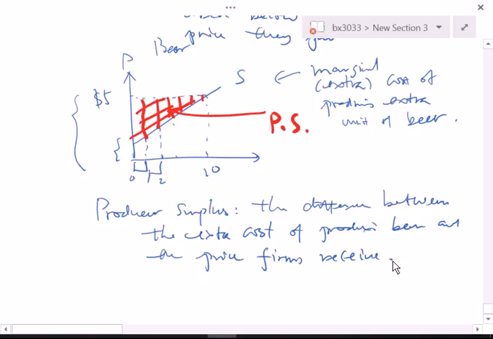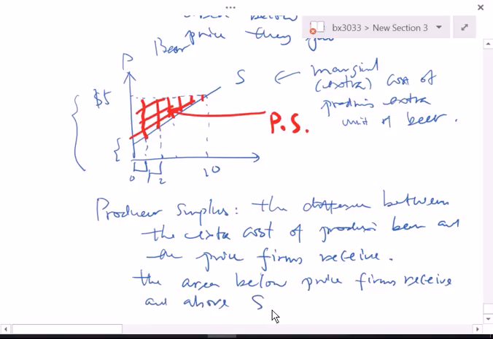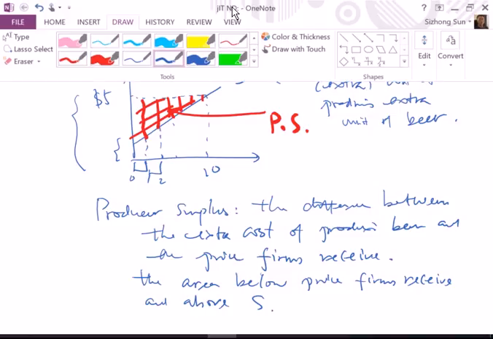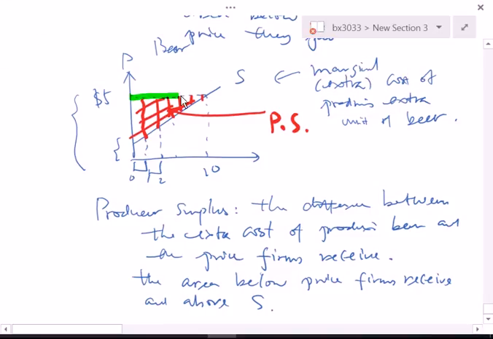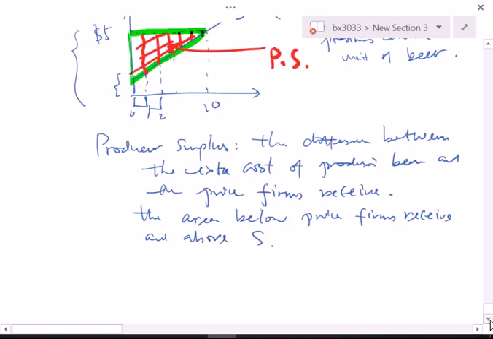In terms of the diagram, it is the area below the price firms receive and above the supply curve, this triangle. The area below the price and above the supply curve, that's the producer surplus.